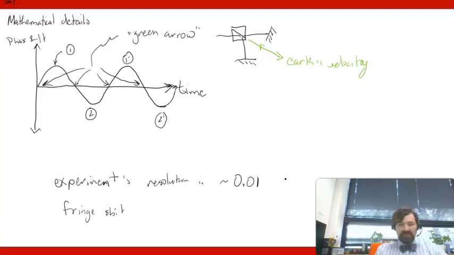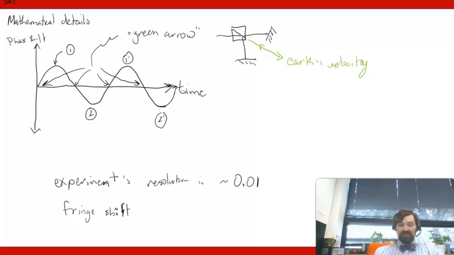So they could detect as little as 0.01 fringe shift. Now, what is it that they expected to see, assuming a stationary ether relative to the Earth's motion about the Sun? So at this point in time, they're working with Earth's motion about the Sun.